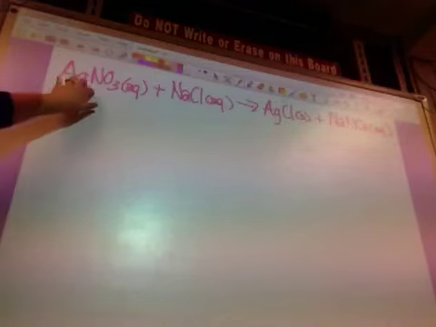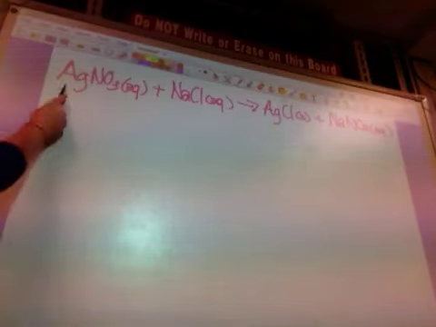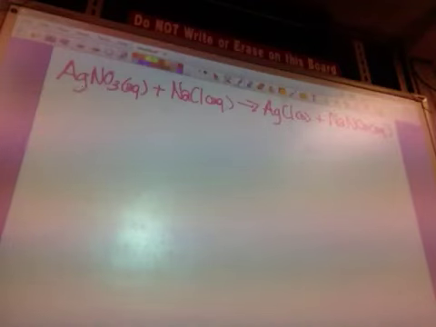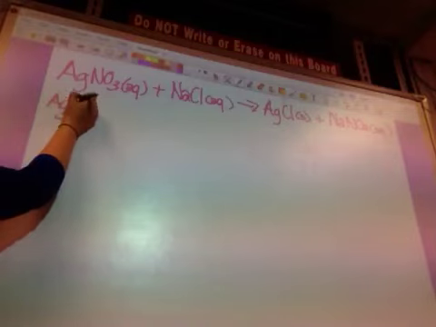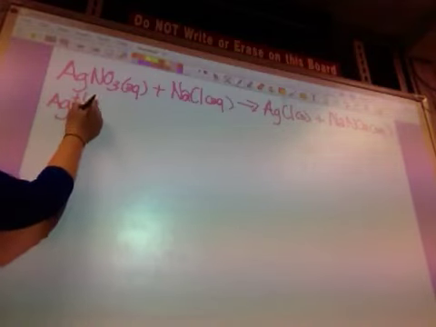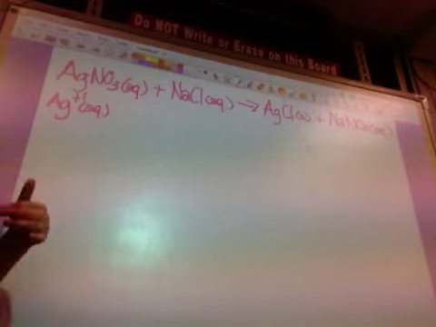So the first one that we have here is our reactant. We have silver nitrate. So I know that silver is my cation. In this compound, it has a +1 charge, so I'm going to write silver with a +1, and then aqueous, because it's part of an aqueous solution.